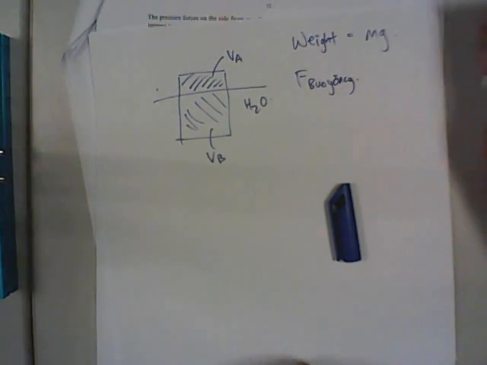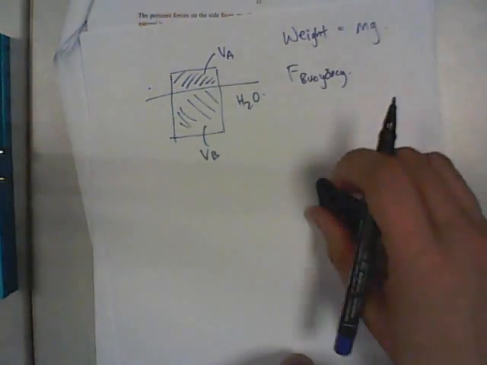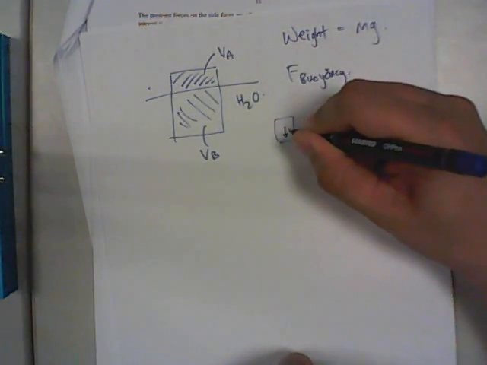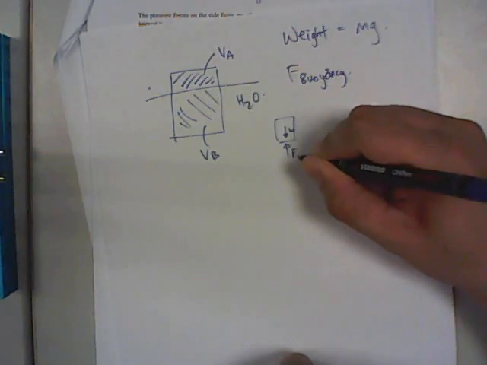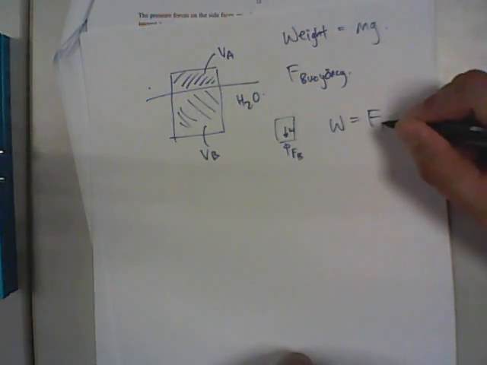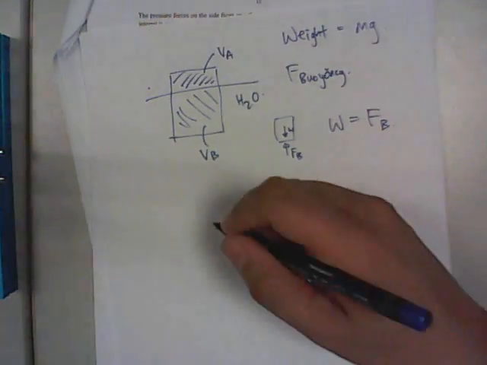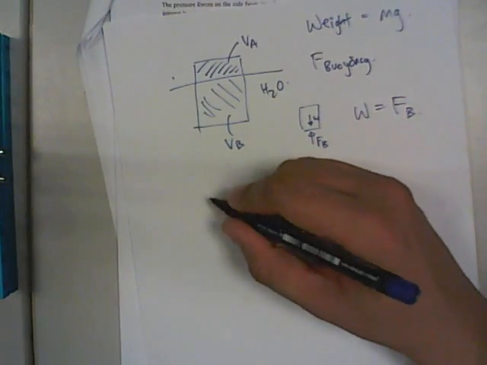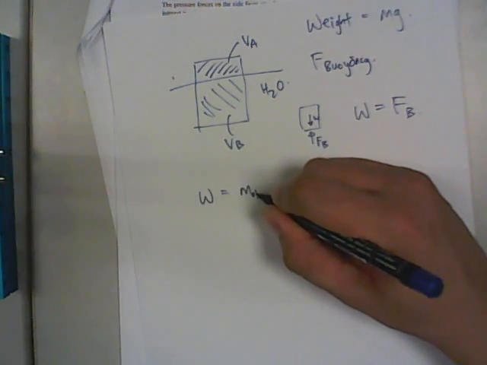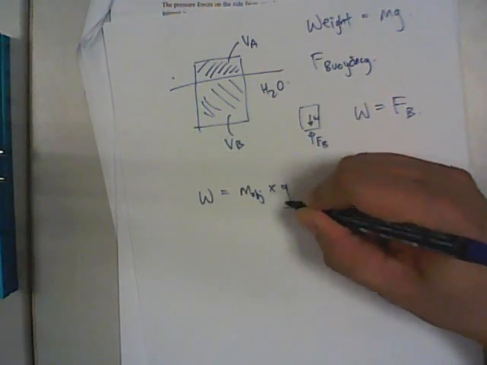If we take the equilibrium of forces, you have your weight and you have your buoyancy force. You can write W equals FB. So the weight is mass of the object times g.